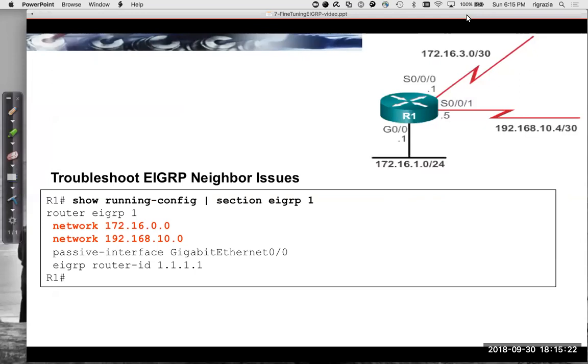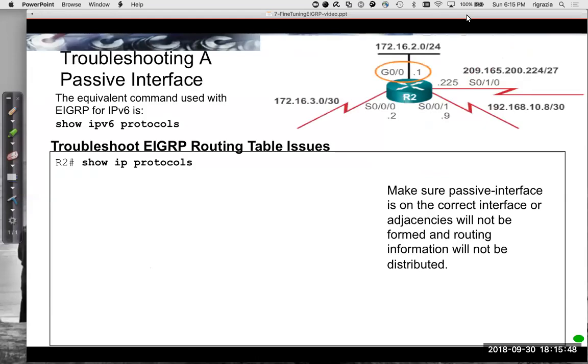Show running config tends to be one of the commands we go to first, which isn't necessarily bad, but some routers and multilayer switches can have hundreds and hundreds of lines, and a lot to look through. But again, it's always a good command.